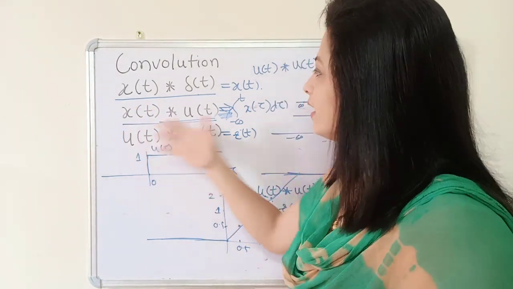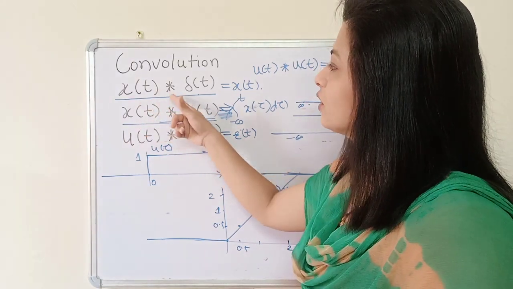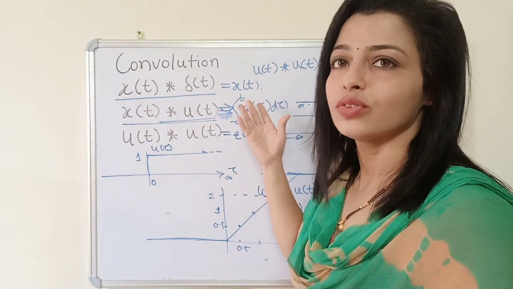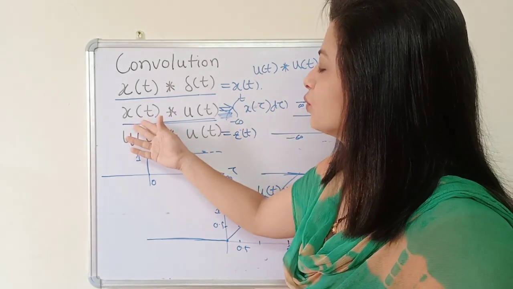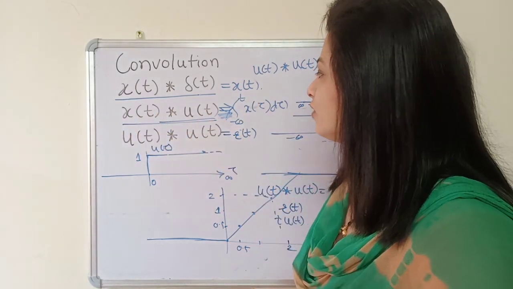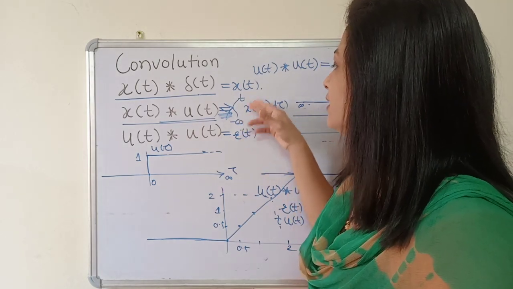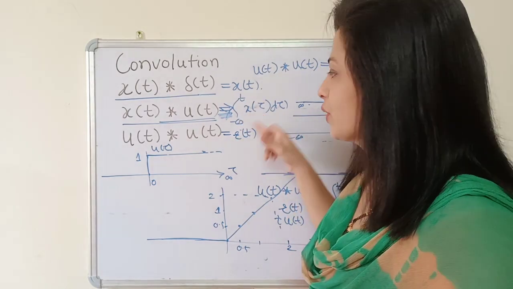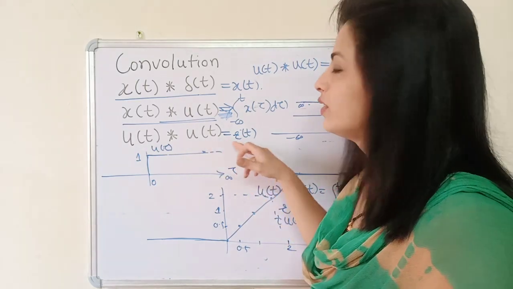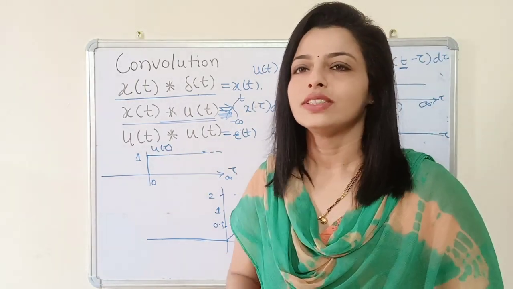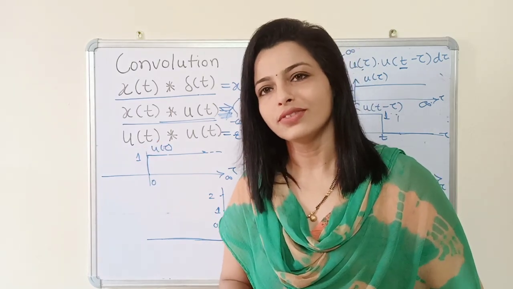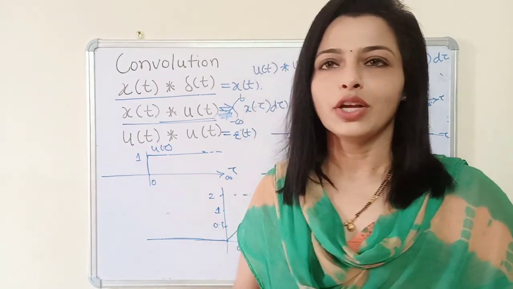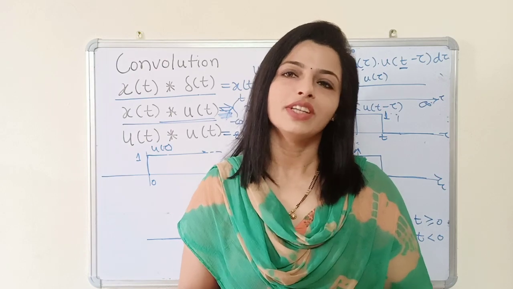We can directly write x of t convolved with delta of t as x of t. When you come across the situation x of t convolved with u of t, you can write it as an integral of x of t. And u of t convolved with u of t is r of t. These are very important results which can be directly used in the numericals of convolution integral.